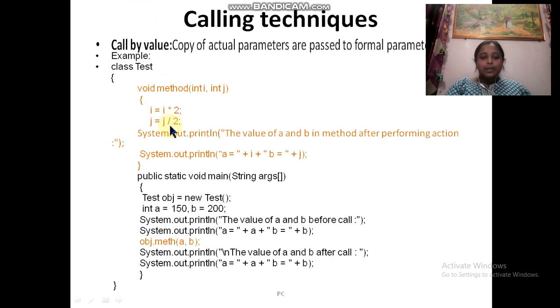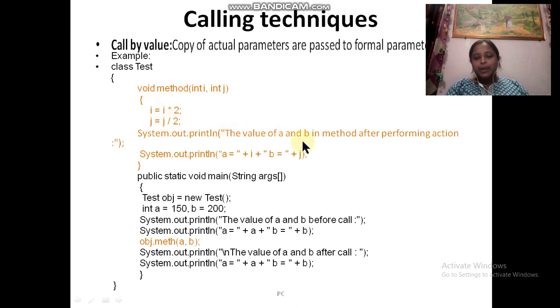Now we will see an example. In this example we will see that the copy of actual parameters is passed to the formal parameter, and any change in the formal parameter is not reflected in the actual parameter. How will we see that? The class Test has a method taking two parameters, int i and j, and they are changed by multiplication by 2 and division by 2.